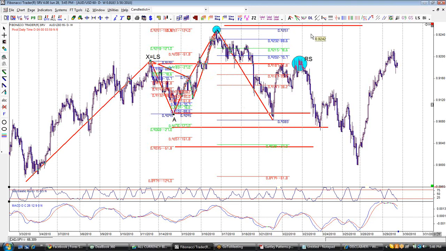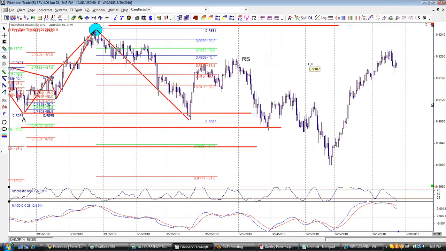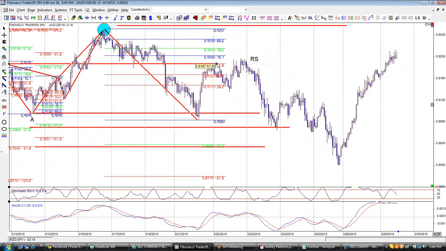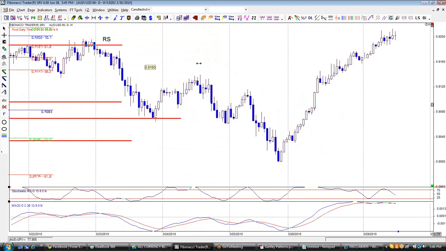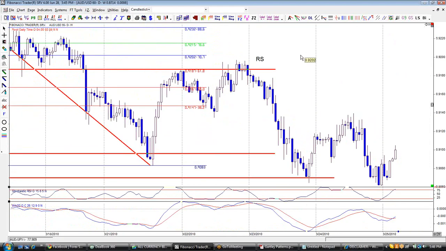Now, if the stop is too large, I would wait for a bearish candlestick formation and I will place my entry 15 pips above the candlestick formation. But I want this candlestick formation to close below that level. So if 91.85 was my entry, I want the candlestick formation to be closing below that entry level.